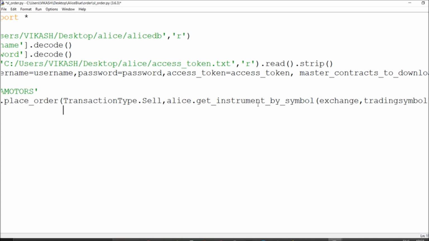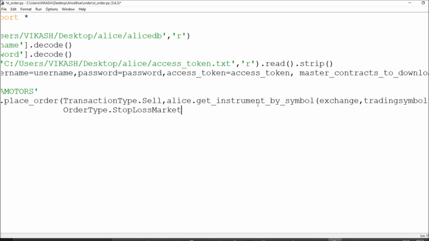Next we have to go with our order type, whether it is a stop loss market or stop loss limit. So we'll say order type dot stop loss market. This is the format which you have to follow.